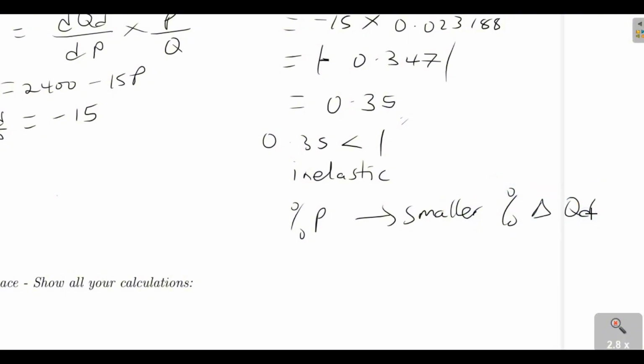So since any percentage change in price will just lead to a smaller percentage change in quantity demanded, it implies that the Guinness company should increase their price to increase their total revenue. Because even if they increase the price, there will only be a small decrease in the quantity demanded, and definitely the total revenue will go up. So for them to make more revenue, they just need to increase the price because the demand is inelastic.